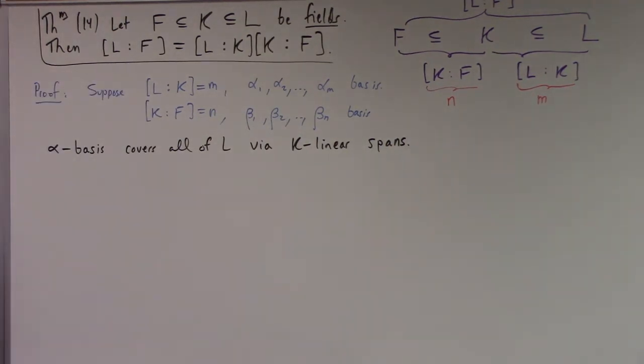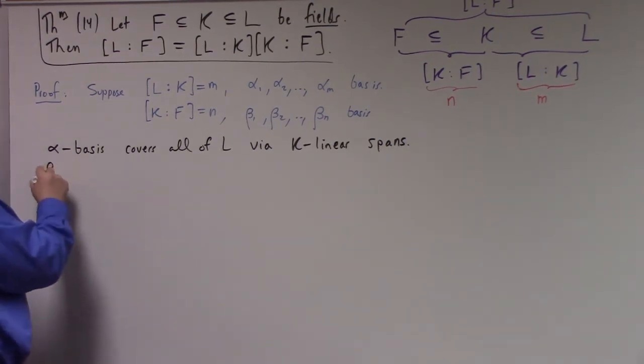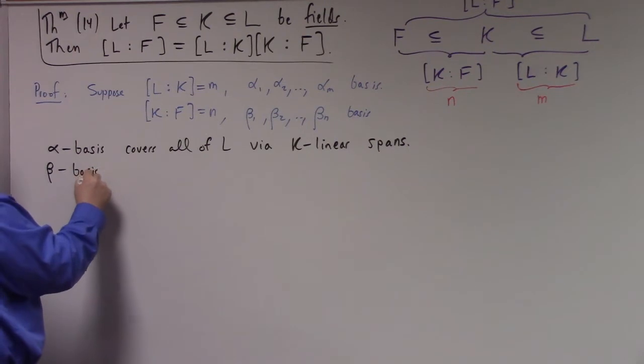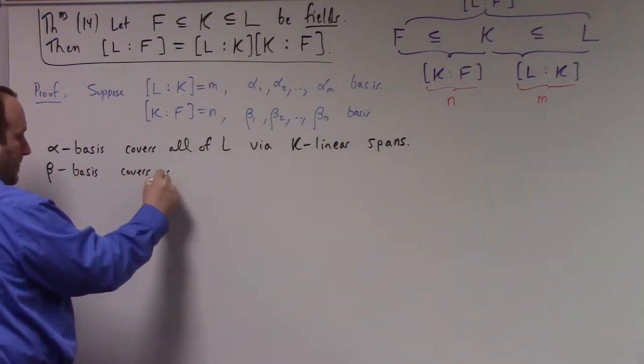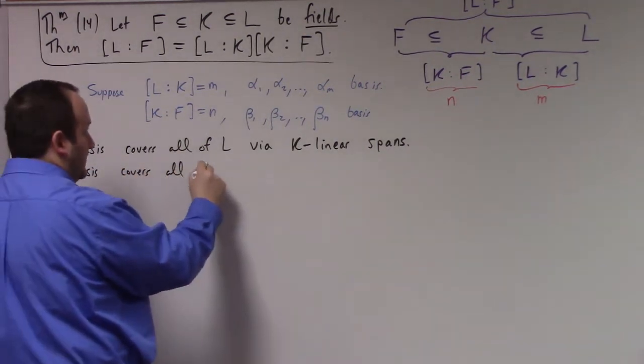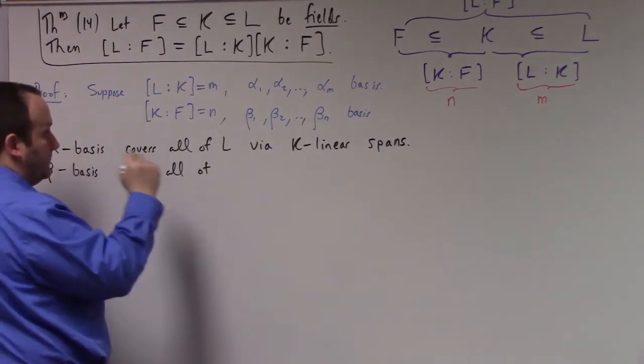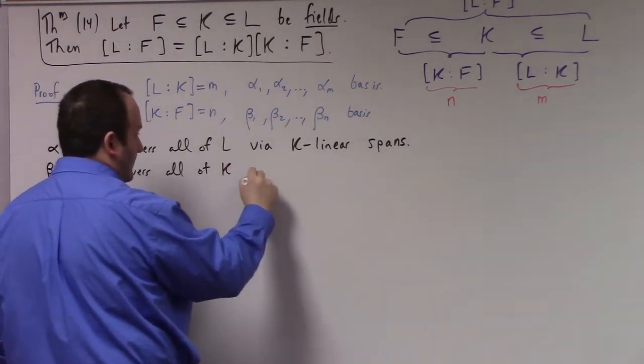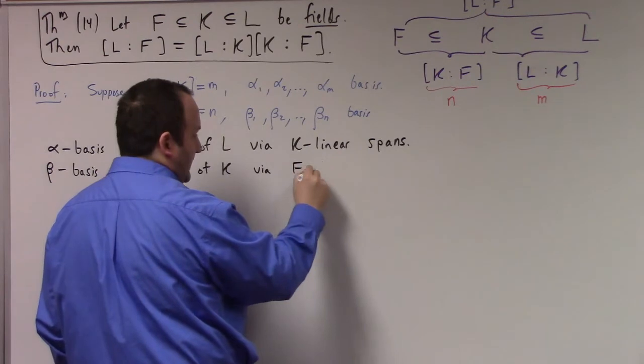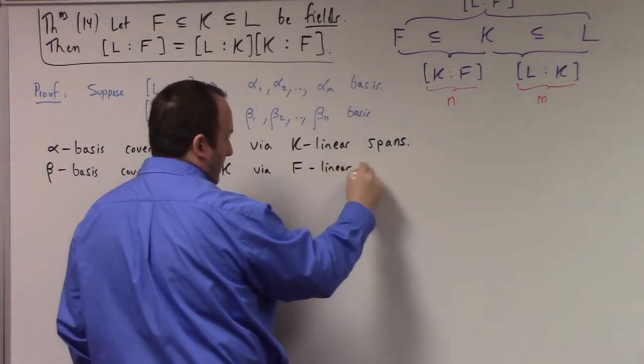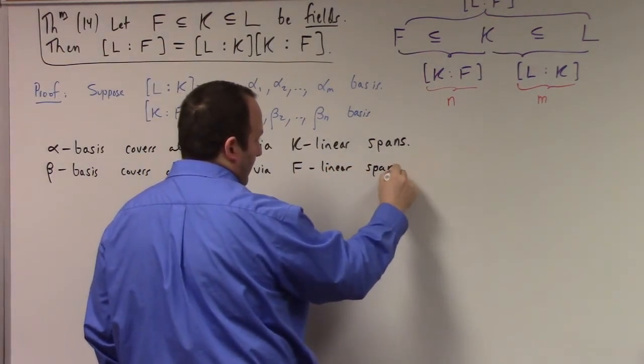So we take linear combinations with coefficients from the field K. That gets us every point in L by assumption. On the other hand, the beta basis covers what? All of K via what kind of spans? Via F linear spans. Right?